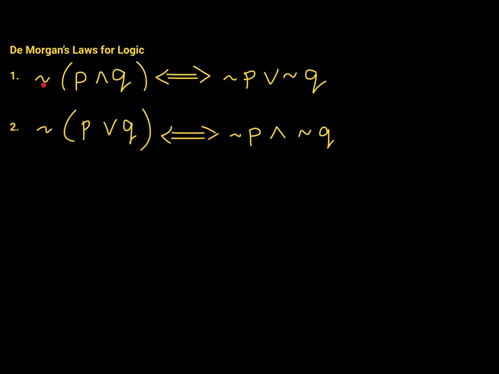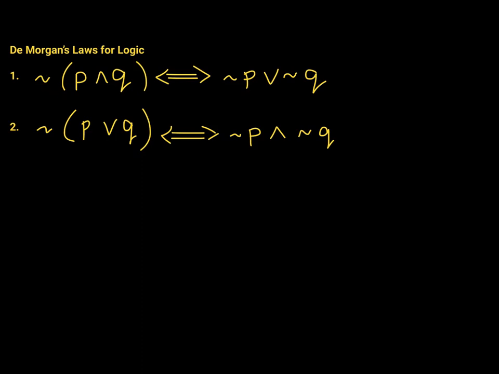One law says that this statement here, the negation of P and Q, is equivalent to not P or not Q. This is how I remember it: it's almost as if you distributed this negation symbol to P and to Q, kind of like an algebraic move, something that you did in algebra.